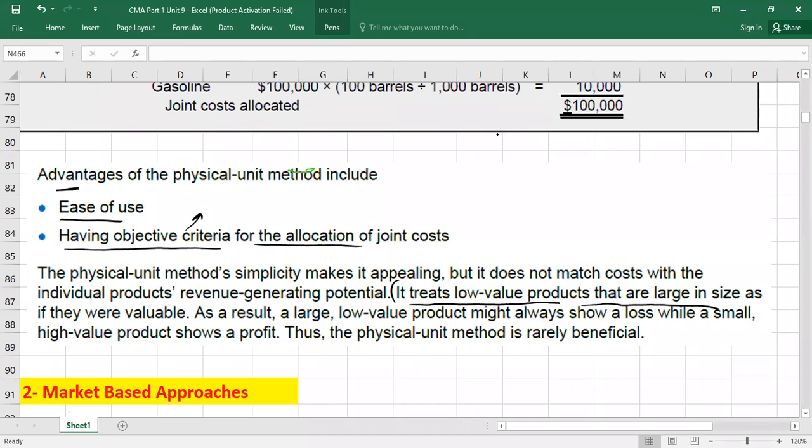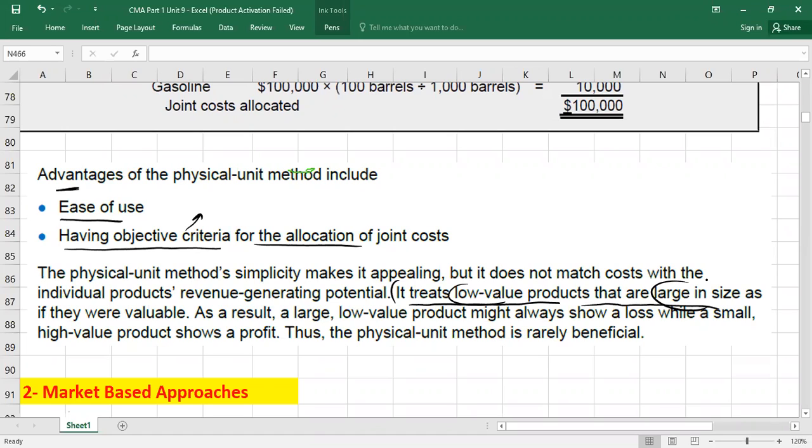Chocolate is low value because its value is less. But assume its quantity is more and value is less. What will happen? You are not allocating based on value, you are allocating based on quantity. Value is low, but if quantity is high, automatically chocolates will absorb a bigger portion of the joint cost.